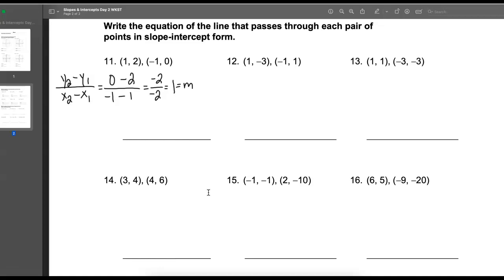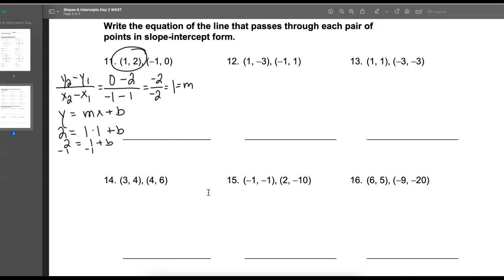And now we plug into the equation. y equals mx plus b. What's y? Let's use the first point. y is 2, m is 1, x is 1, plus b. 1 times 1 is 1, plus b equals 2.